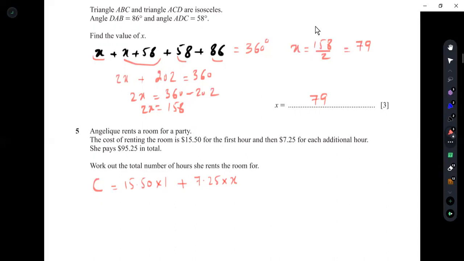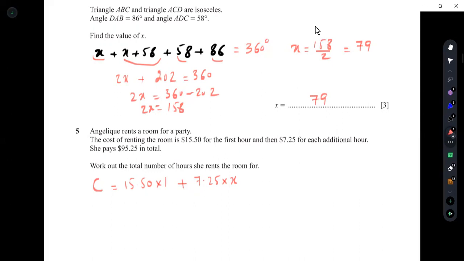So 4 times 7.25. So x represents the number of hours the room has been rented minus 1, because x is 1 less. 1 hour here and the remaining hours are here. So the total number of hours minus 1 will give us the value of x.